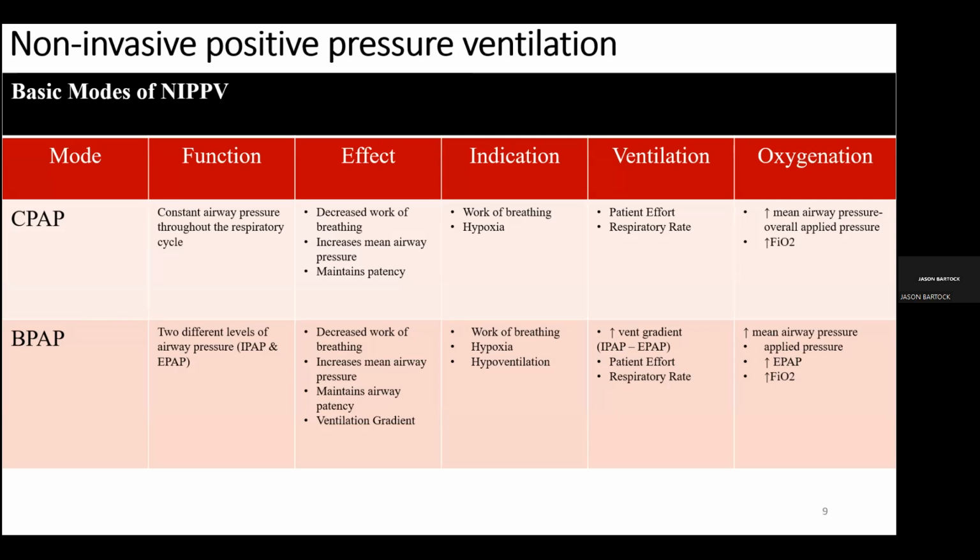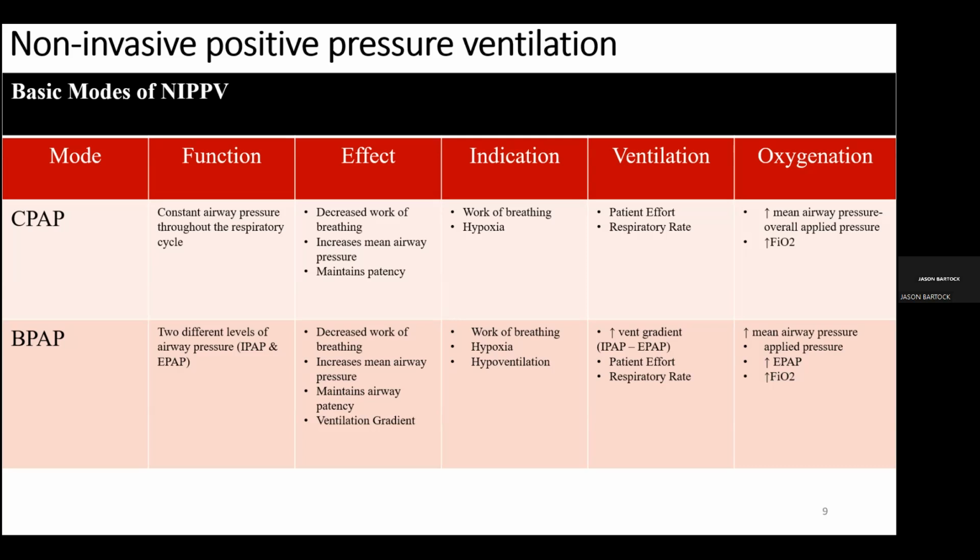The overall function of CPAP is to facilitate a constant mean airway pressure per cycle of breathing. So CPAP is just a constant applied positive pressure. What will that do? Yes, it will offload some of the work of breathing, and you could, in theory, utilize it in this patient.